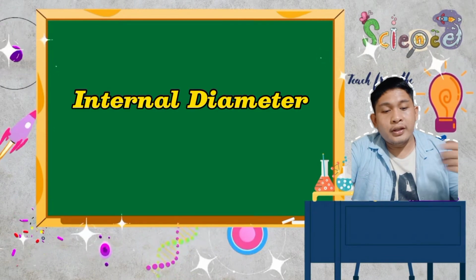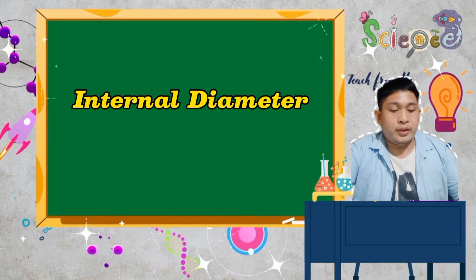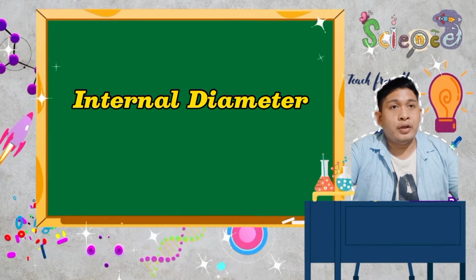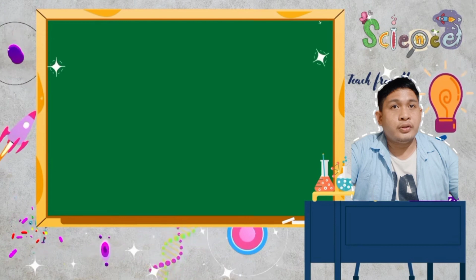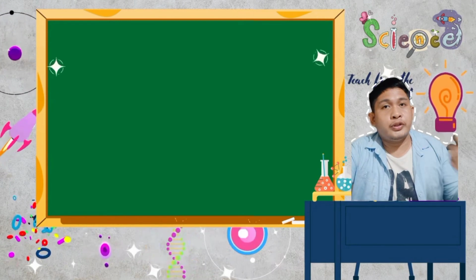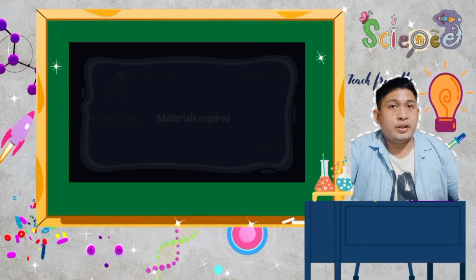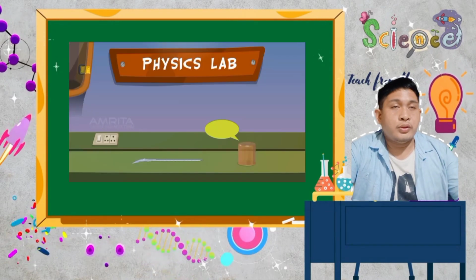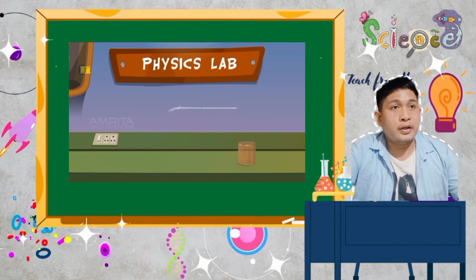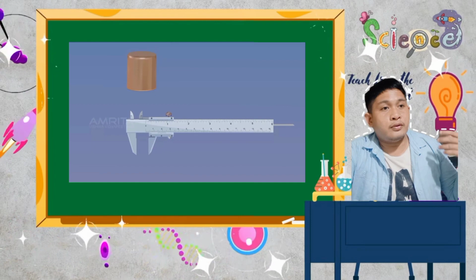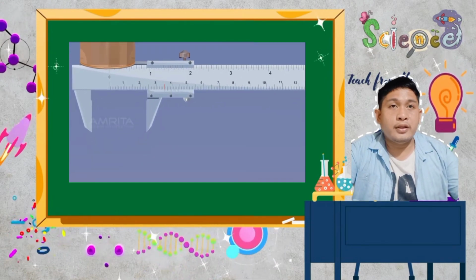So the internal diameter is the same as the external diameter in terms of the system of reading. The difference is that we measure the internal diameter, especially in a bearing or bearing housing, with this measuring tool, as well as in a beaker. For example, in my presentation, we use a beaker whose internal diameter we need to identify.